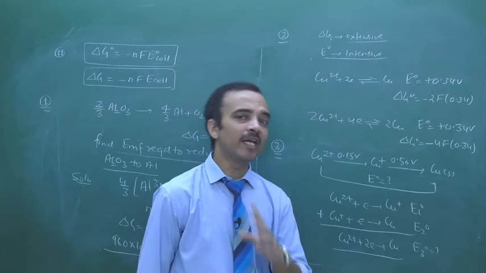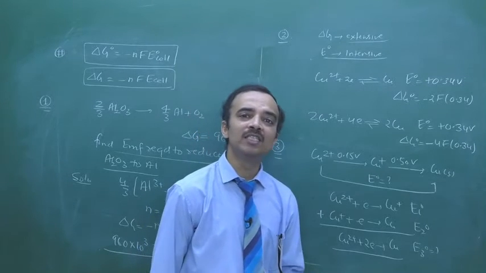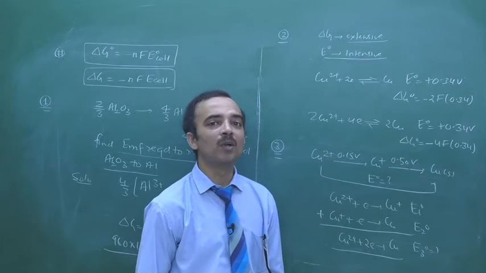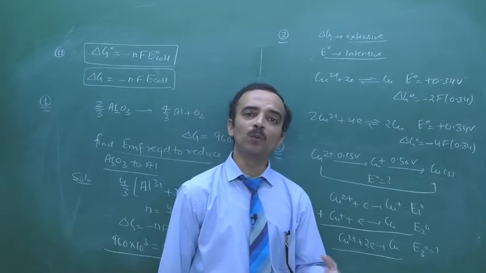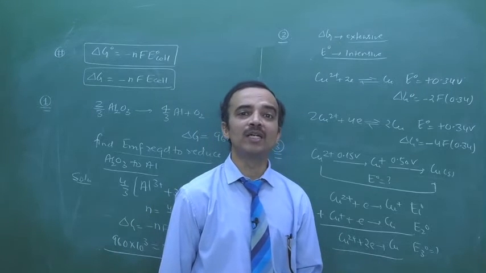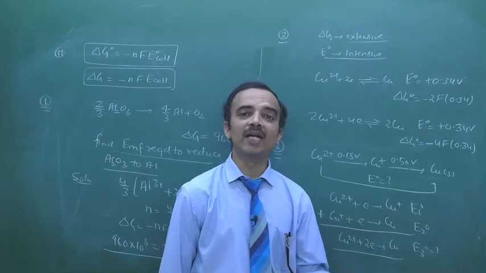But delta G naught can be added. Why? Because delta G naught is a thermodynamic property and it adds when reactions are added. But electrode potentials are not thermodynamic functions. They may not be added.